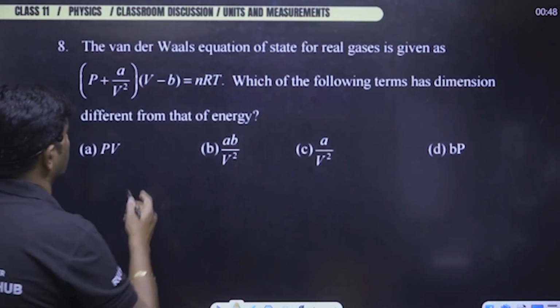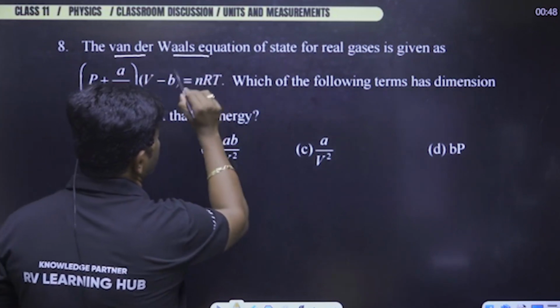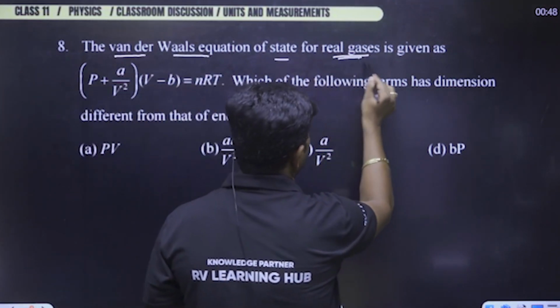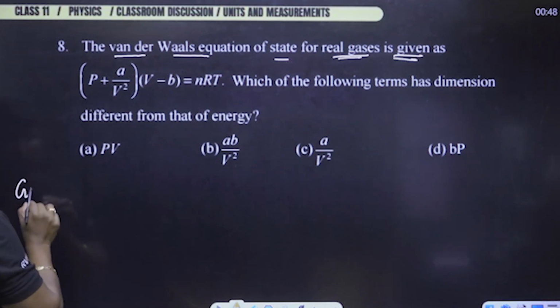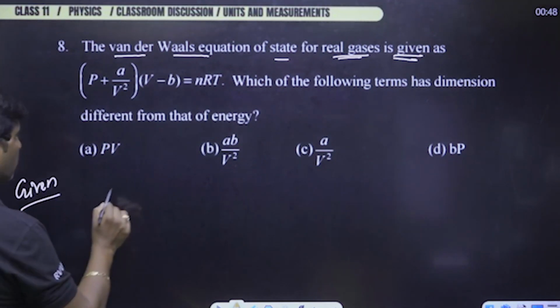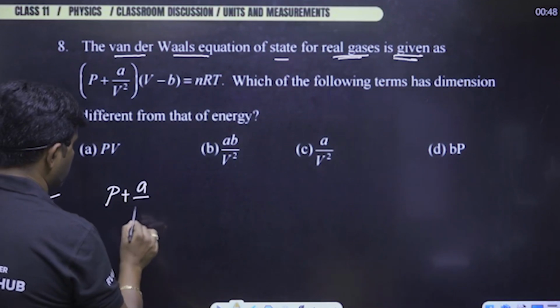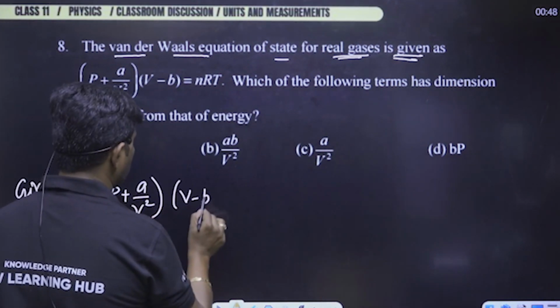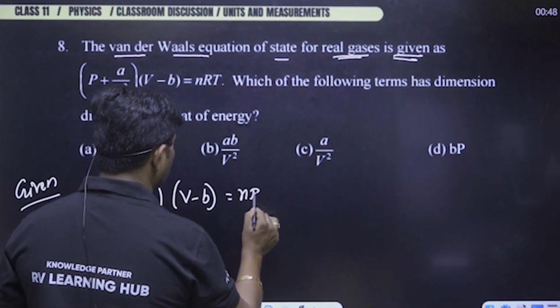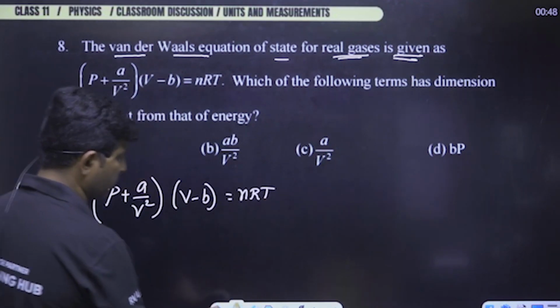What they are saying to us: the van der Waals equation of state for real gases is given as, see here what they have given to us, (P plus a by V square) into (V minus b) is equal to nR T. It is a constant.